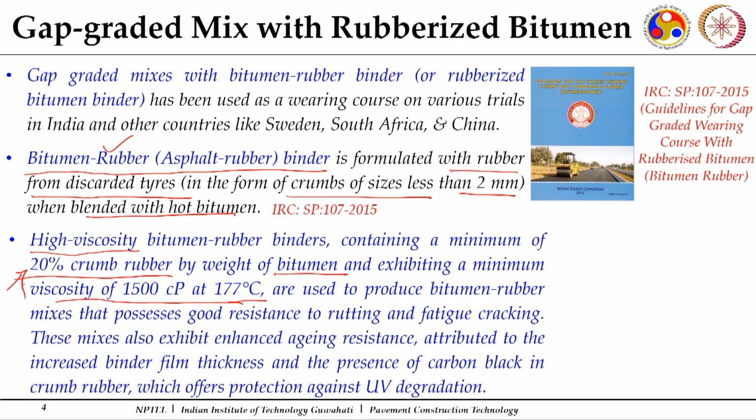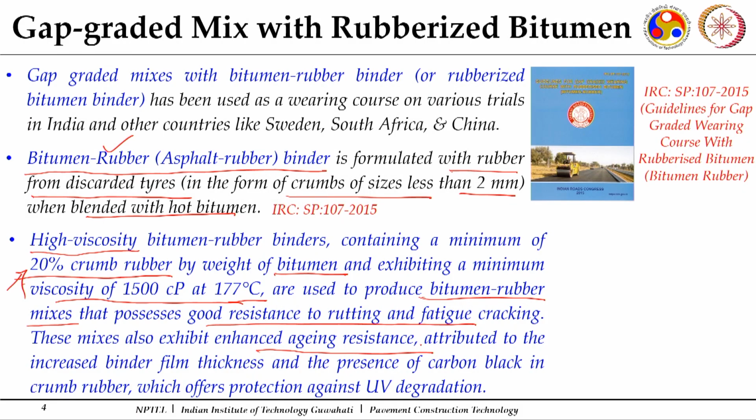So these will form highly viscous binders, and these bitumen rubber mixes possess good resistance towards rutting and fatigue cracking, because rubber particles are introduced inside at a significantly higher content. So it's a rubber modified binder.